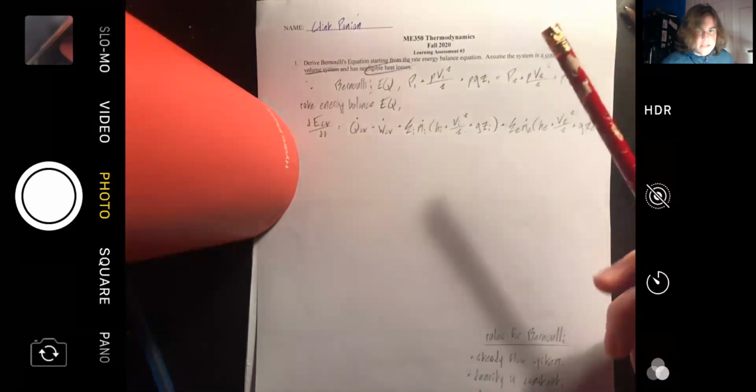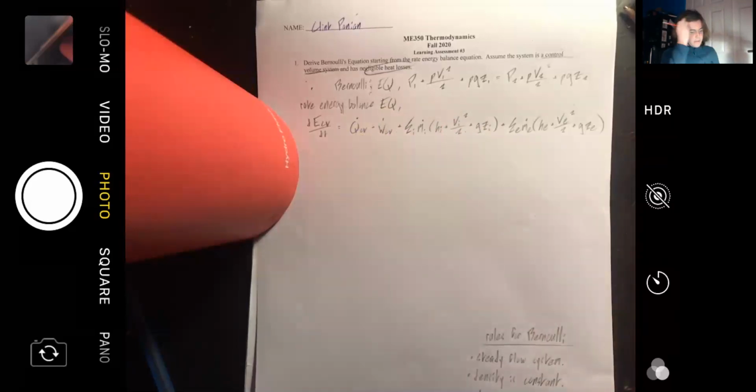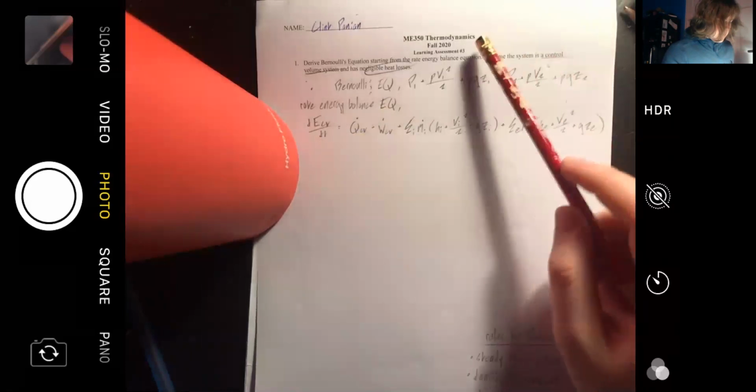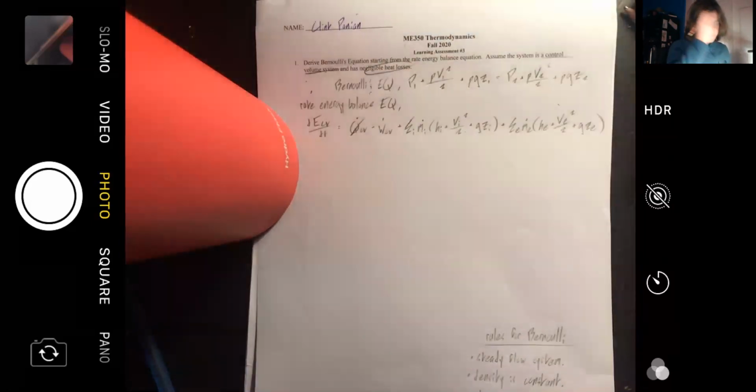The stuff that sticks out is the internal energy and the Q dot, but it's not an issue because we are told there is negligible heat loss, so that just means the heat transfer is going to cancel out. And we're going to assume that energy in is equal to energy out, which cancels this.